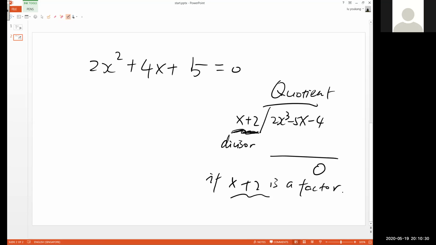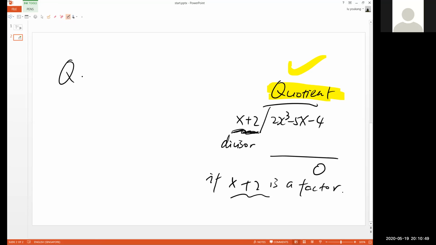Okay? So can you tell me what's the quotient after long division? Have you done this step? No, I haven't. So that's the one you need to do. So basically you will get a quotient. So what do you think?